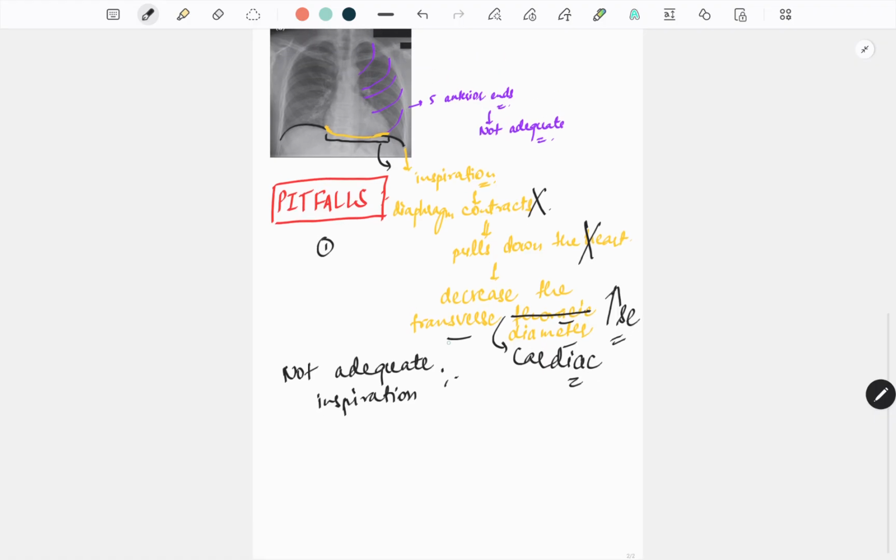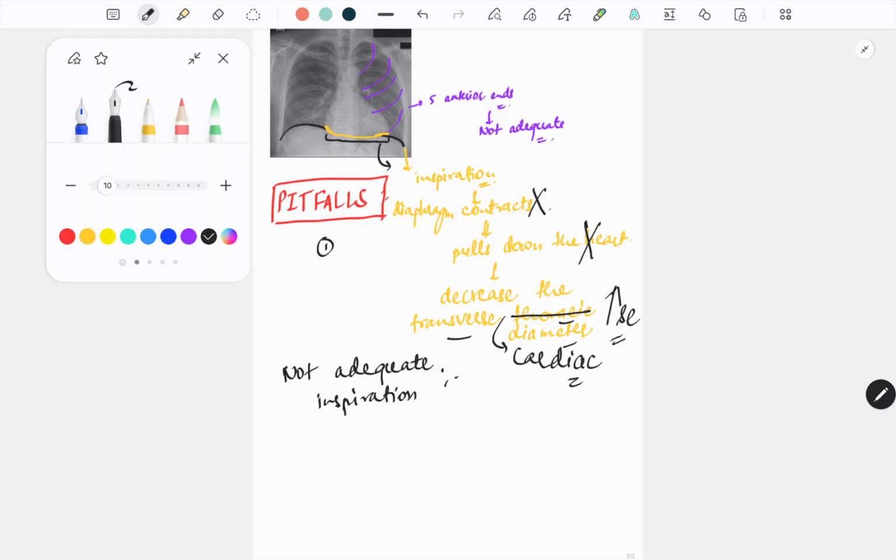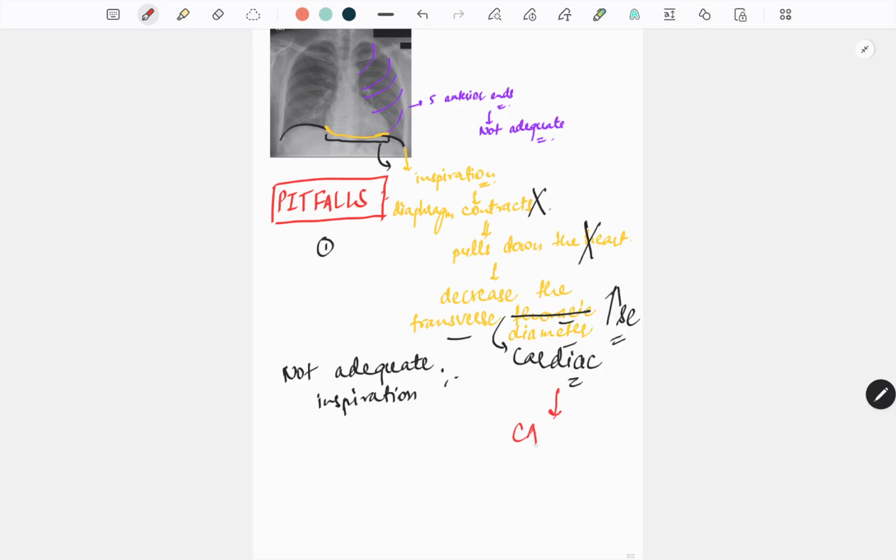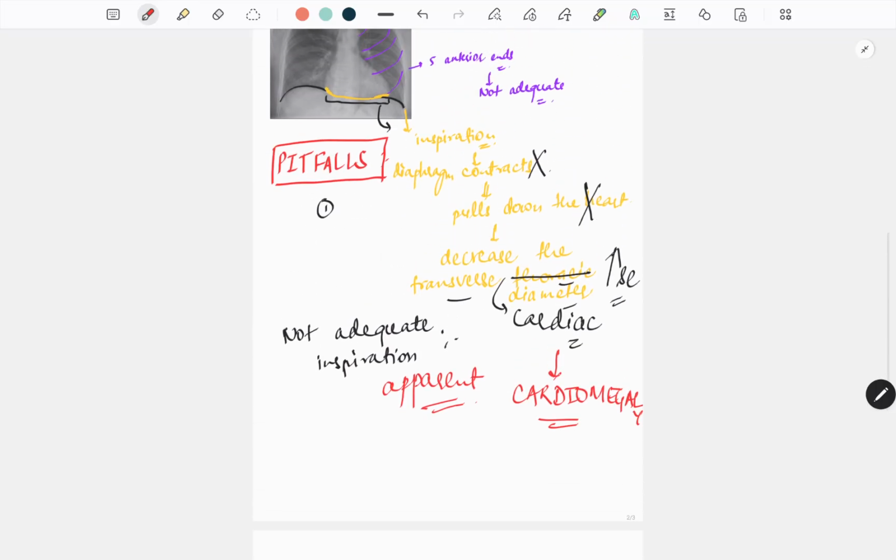It will lead to increased transverse cardiac diameter, and what will it cause? It will cause cardiomegaly, and that cardiomegaly would be apparent. It will not be true cardiomegaly, it would be apparent cardiomegaly.